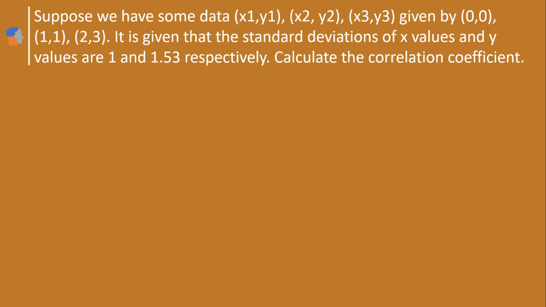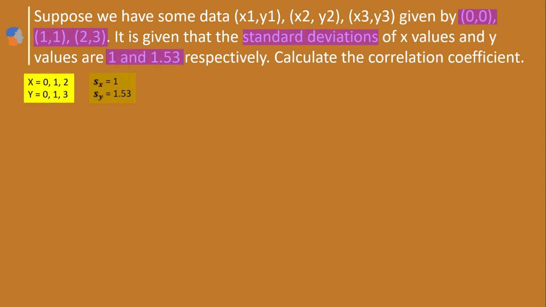How many points here? There are 3 points. It is given that the standard deviations of x values and y values are 1 and 1.53 respectively. Calculate the correlation coefficient. Yes, first write down the given information. There are 3 points. Therefore, x values are 0, 1, 2, y values are 0, 1, 3.